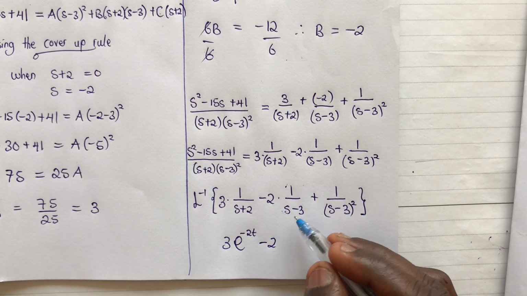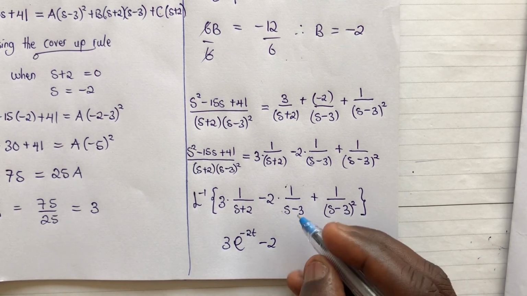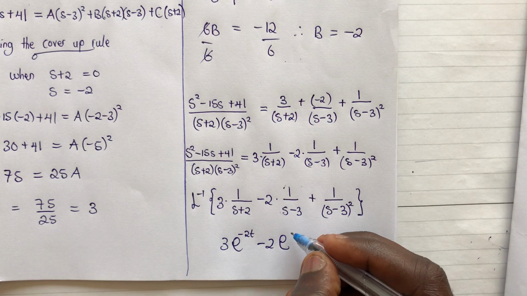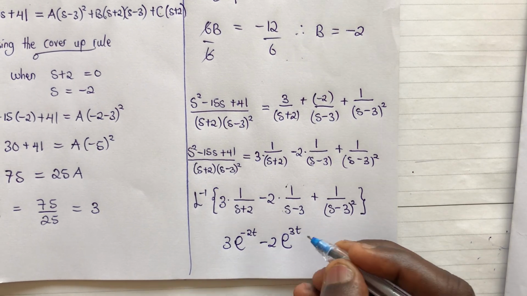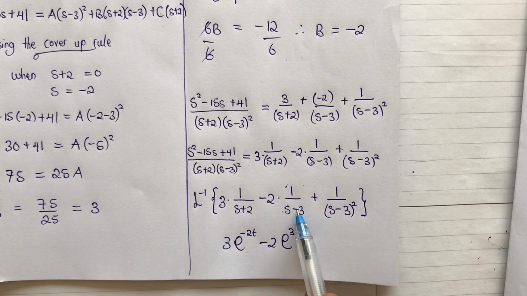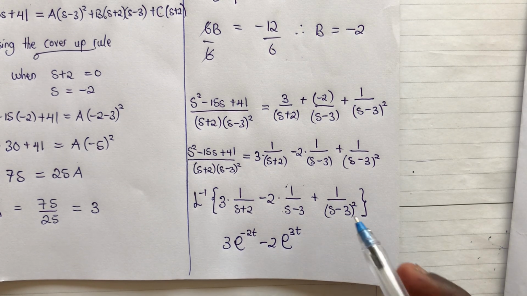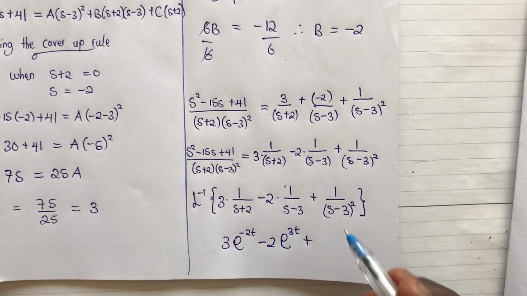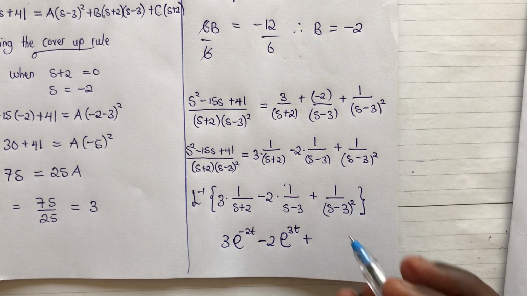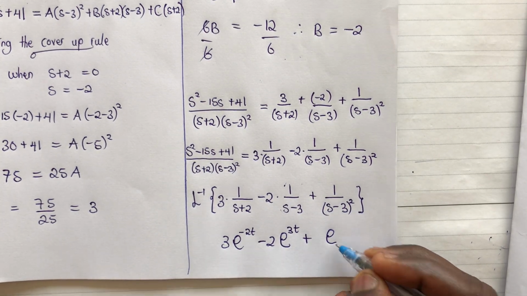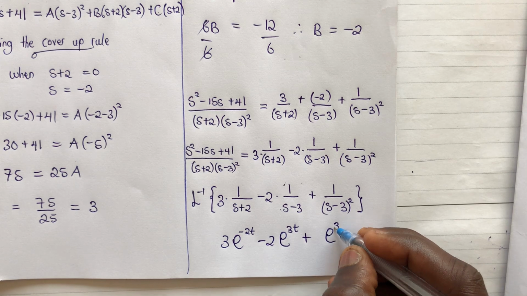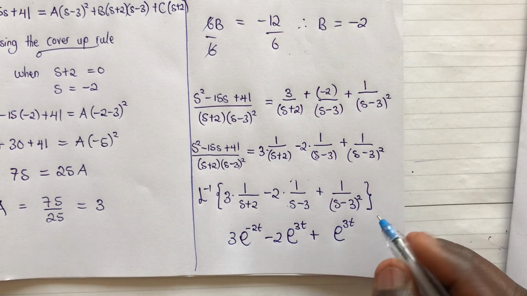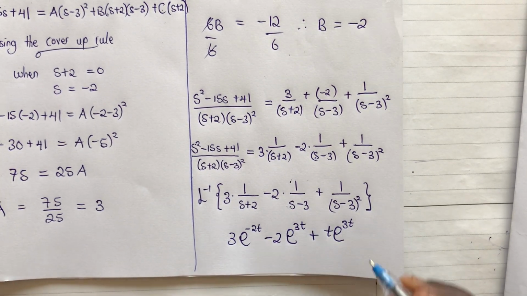Then when we take the inverse of 1 over s minus 3, we have e to the power 3t. We learned that if this side is negative, this becomes positive. Then when we take the inverse of 1 over s minus 3 all squared, we still have e to the power 3t. Because of this square, we put t here.